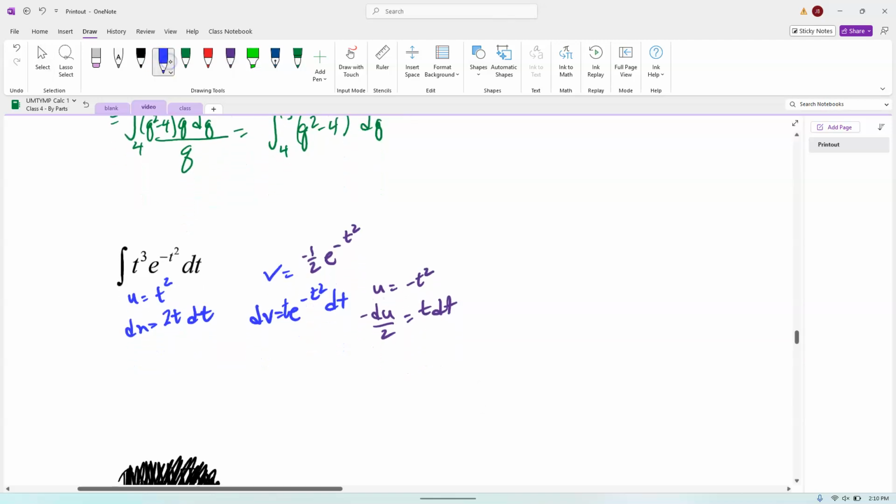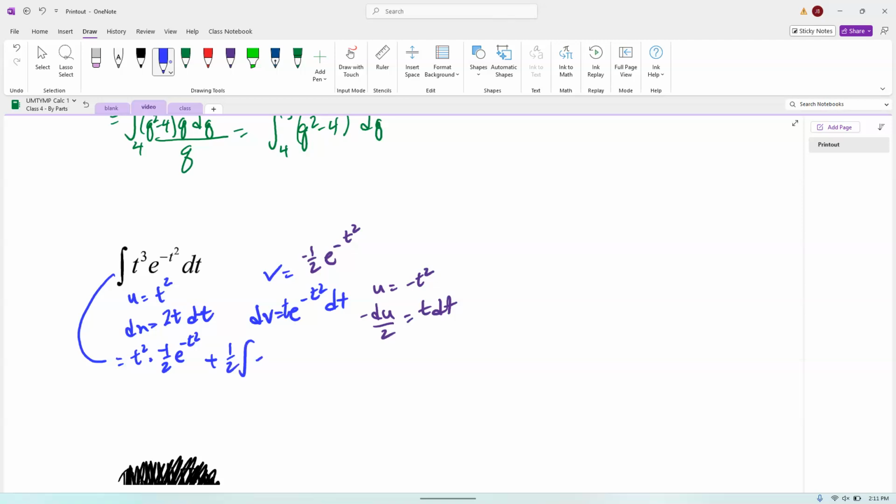Okay. And so then what we get at long last would just be, let's see, u, so it'd be t squared, and then times negative 1/2 e to the minus t squared, minus, actually plus 1/2 integral e to the negative t squared times 2t dt.